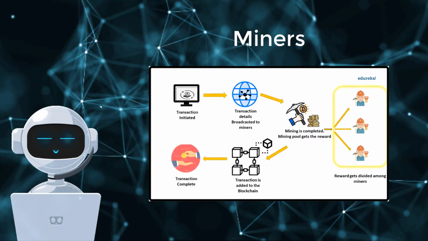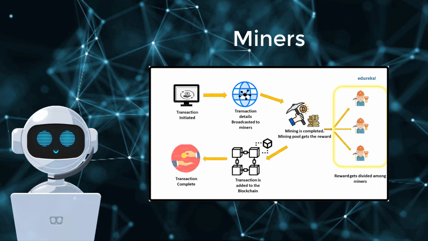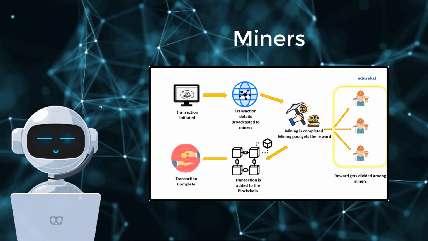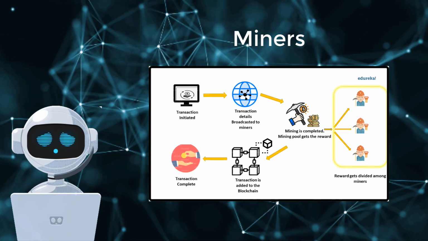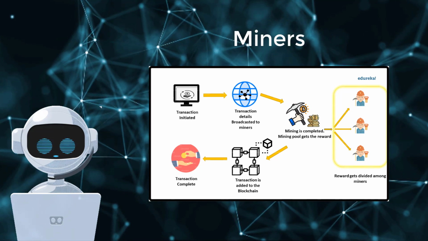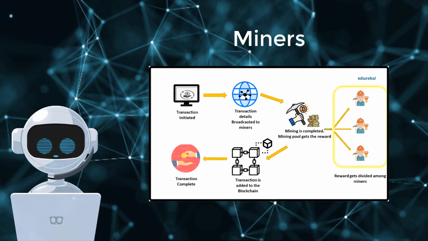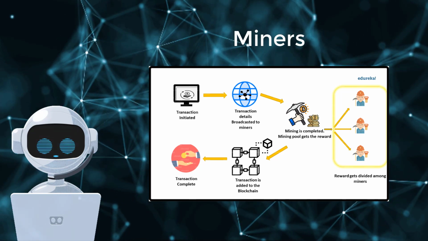Miners. Miners create new blocks on the chain through a process called mining. In a blockchain, every block has its own unique nonce and hash, but also references the hash of the previous block in the chain. So mining a block isn't easy, especially on the large chains.